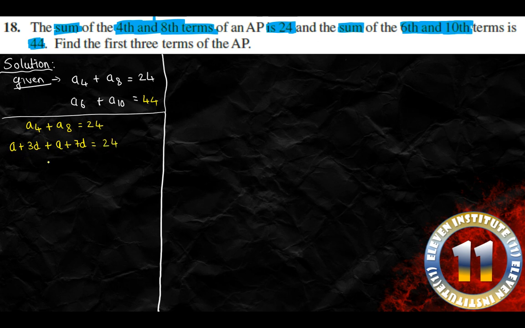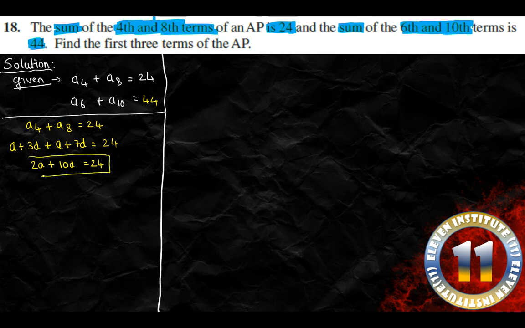Now A plus A will give us 2 times A, 3D plus 7D will give us 10 times D, and is equal to 24 will remain as it is.